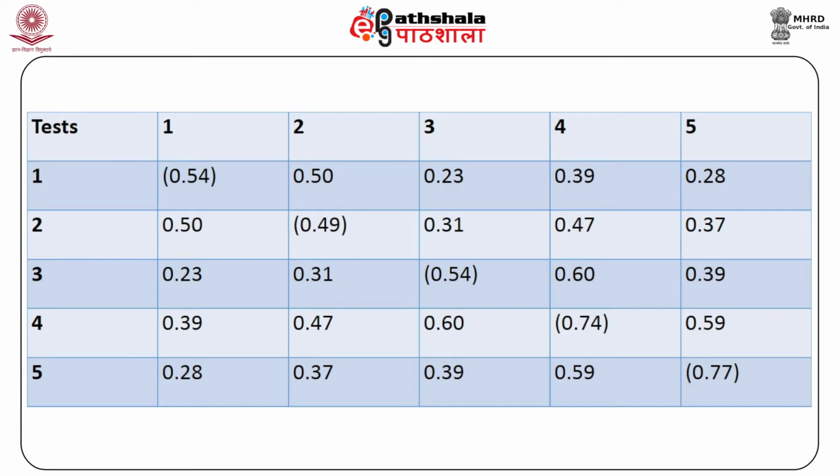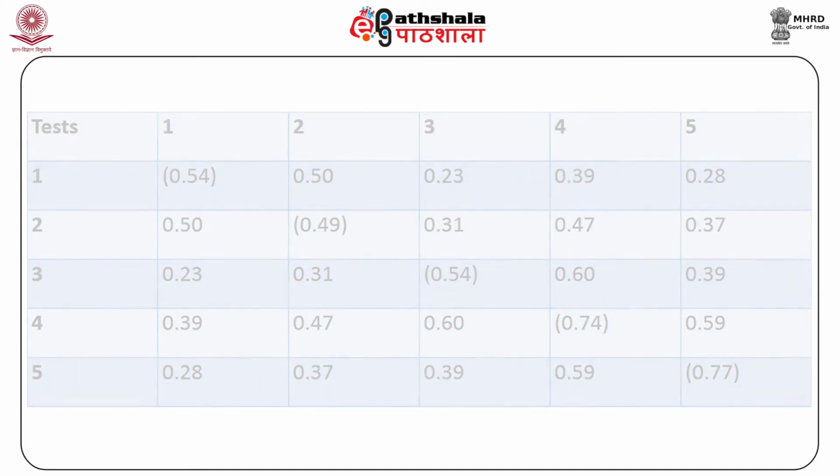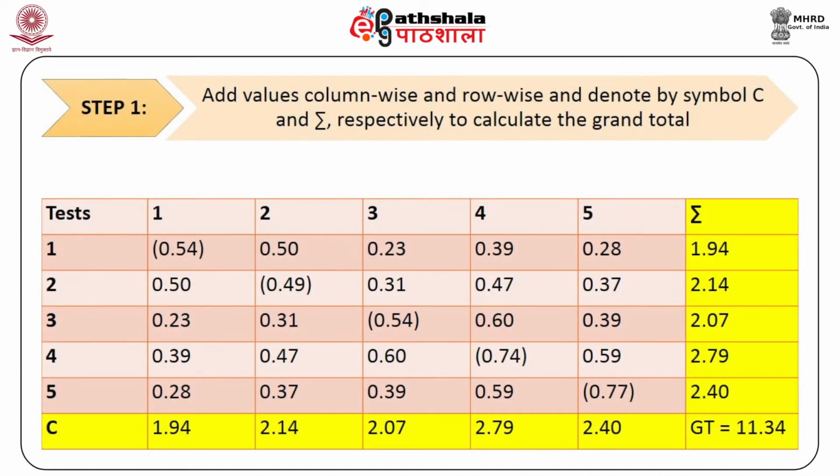These are the correlation values mentioned here. Now, the first step is to add the values column wise and row wise and denote them by the symbols C and sigma respectively to calculate the grand total.